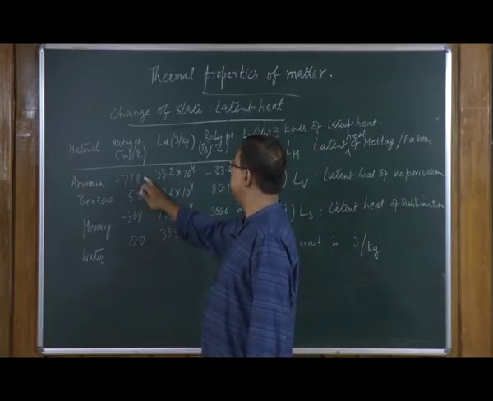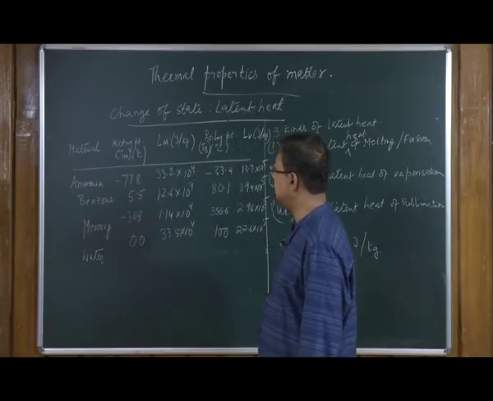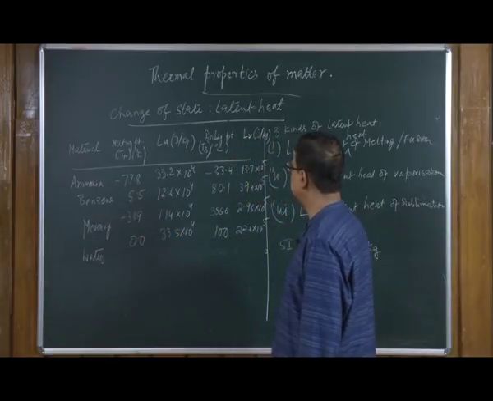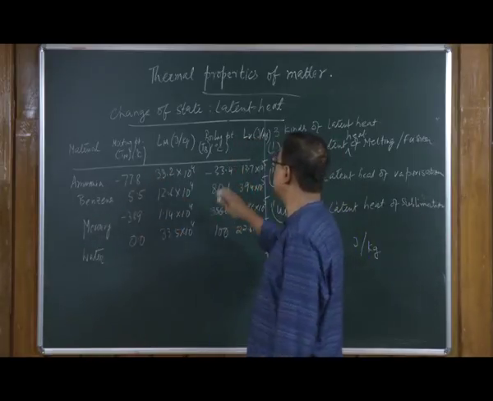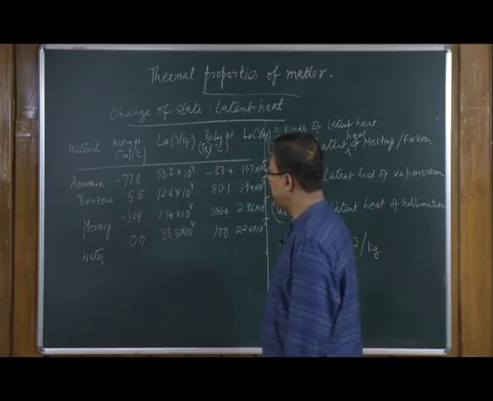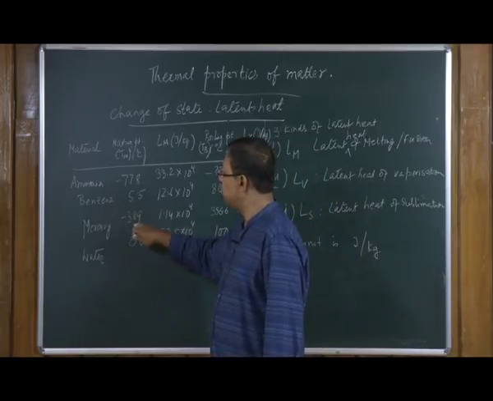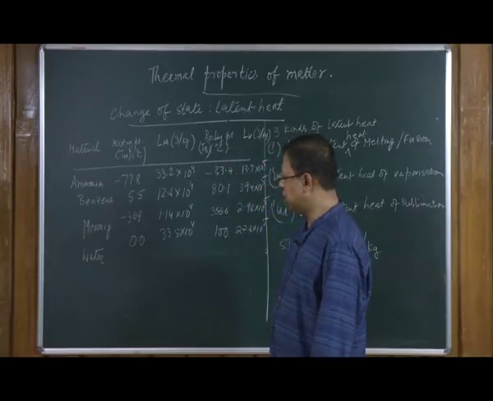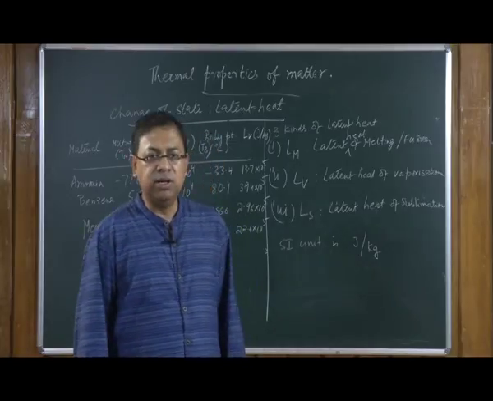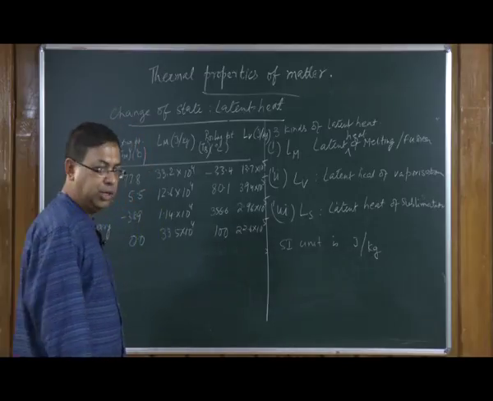While the melting points and the boiling points are very different, such as the melting point of ammonia is minus 77.8 degree centigrade, whereas its boiling point is minus 33.4 degree centigrade, and so on. And for mercury, the boiling point is very high, and the melting point is below the freezing point of water. However, Lv and Lm are of somewhat similar order of magnitude.